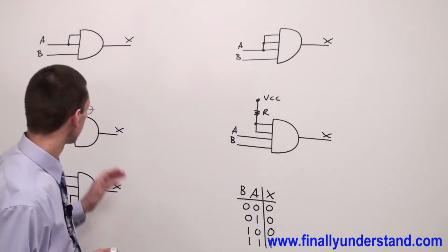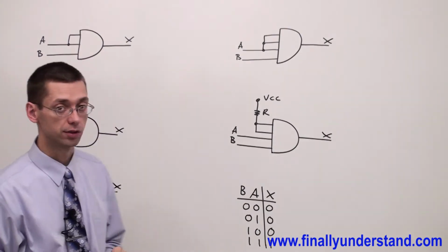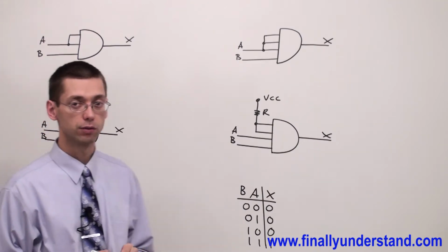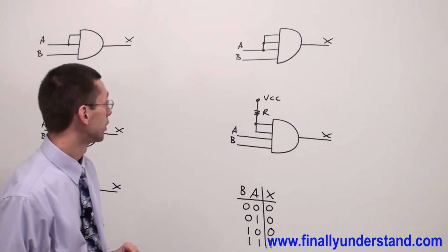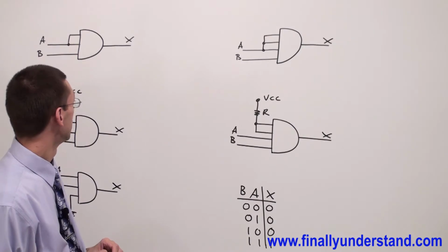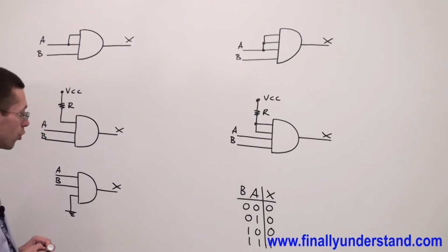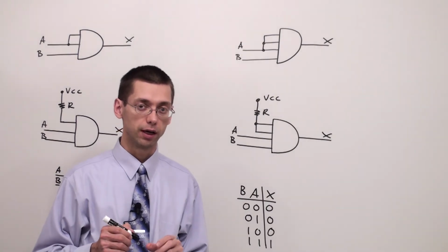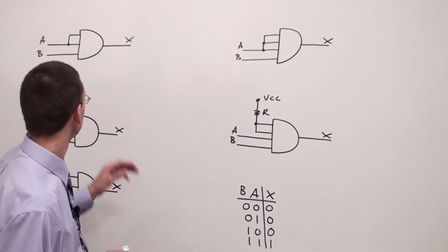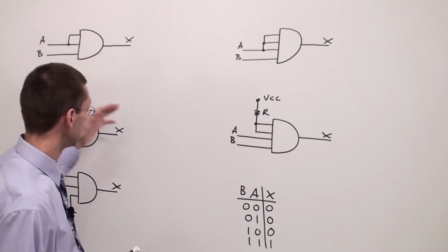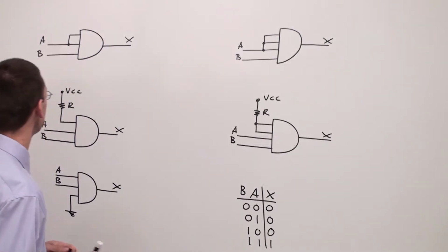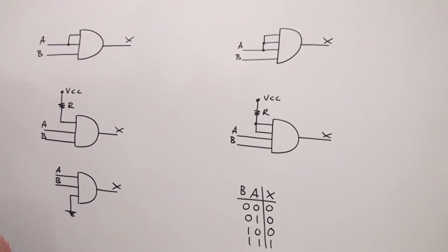I drew a few examples on the board, and I want to verify together with you which connections are correct in order to make a 2-input AND gate from a 3-input AND gate, or let's say a 4-input AND gate. So let's verify what happens in these circuits.